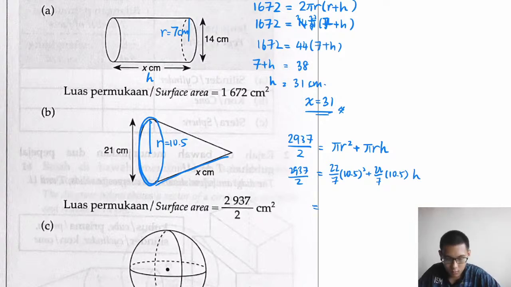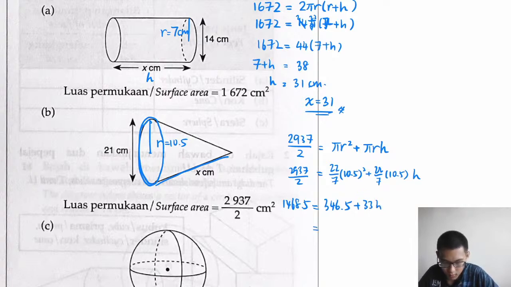When you calculate, you get 346.5. Now 2937/2 is actually 1468.5, and then this one should be 1.5 times 22, which is 33h.